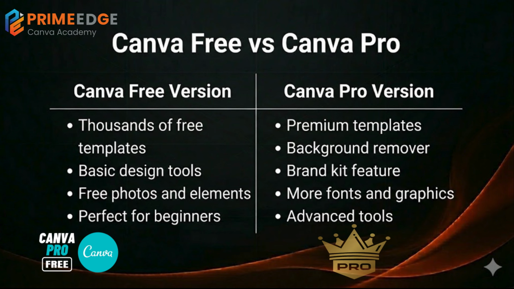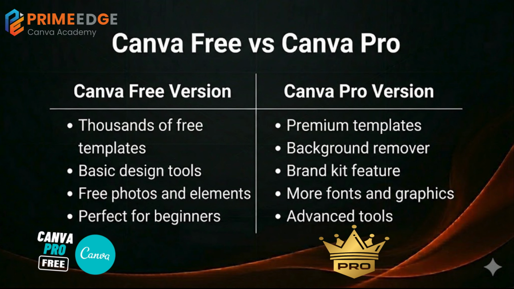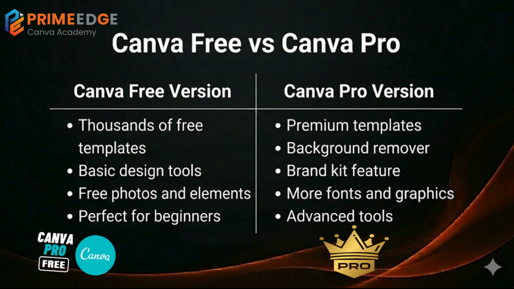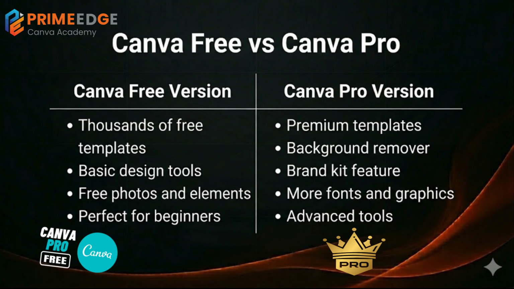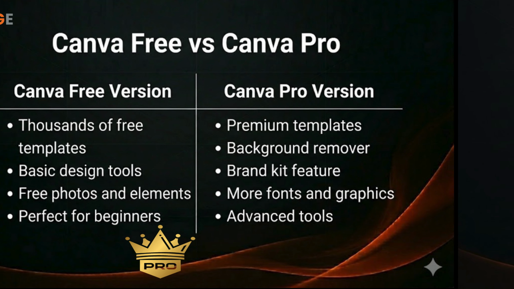Canva Pro, on the other hand, includes premium templates, a background remover tool, a brand kit feature, more fonts, more graphics, and additional advanced tools. However, you do not need the Pro version to begin. Start with the free version, master the fundamentals, and upgrade later if necessary. Skill is more important than having premium features.